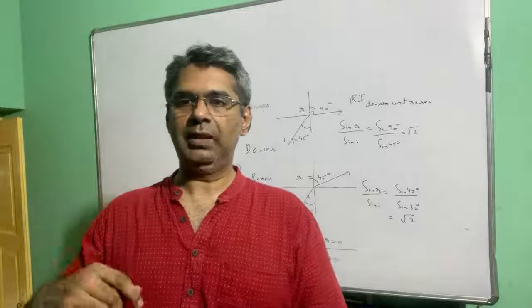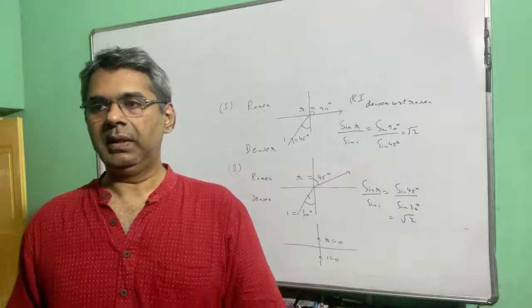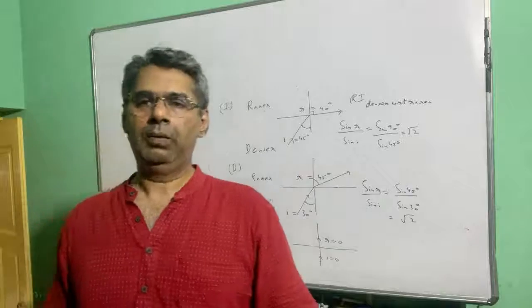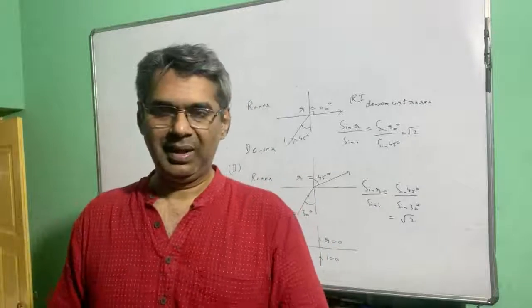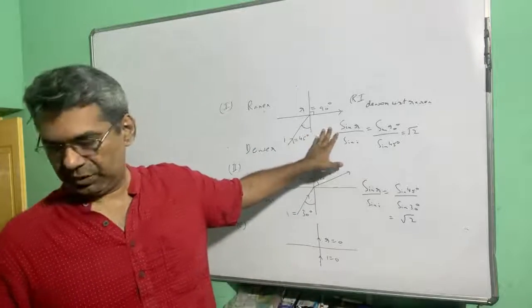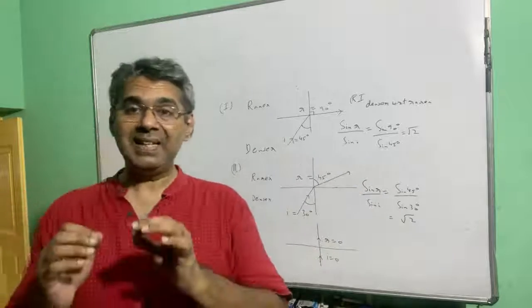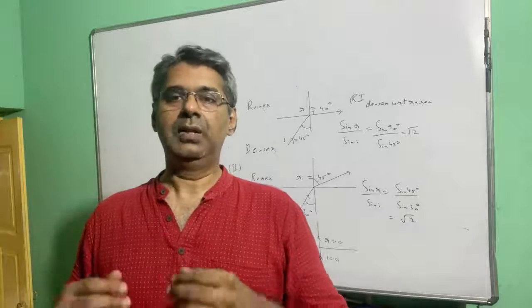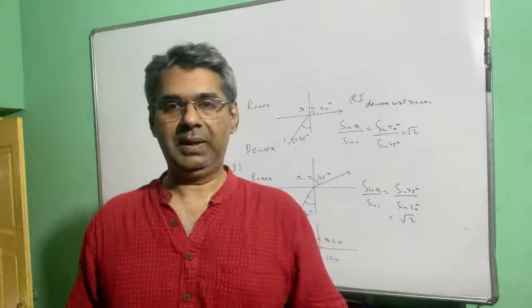The point is that whether we are doing sin I by sin r, or in these two diagrams sin r by sin I, it is when refraction is actually happening. Actually there is refraction over here. Actually there is refraction over here, correct? But here, is there any refraction? No, it is normal incidence. There is no refraction. So because there is no refraction, Snell's law is not applicable here.